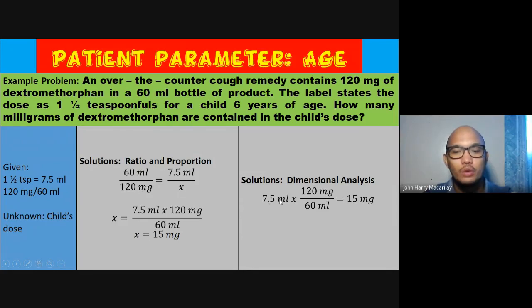So 7.5 times 120 divided by 60 is again 15 milligrams. So for dimensional analysis and ratio and proportion, we have to consider the proper position of your units for cancellation. So in this particular solution, we're going to cancel the unit of ml to come up now with the final unit of milligram.